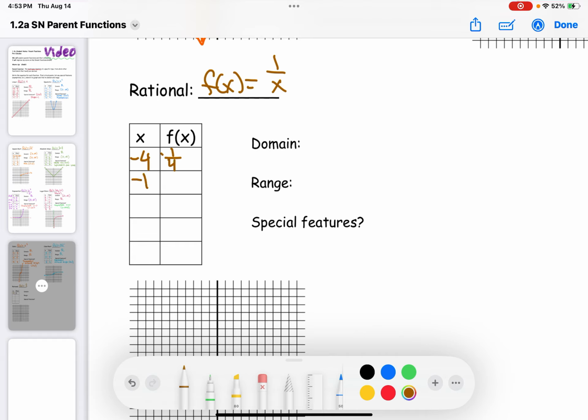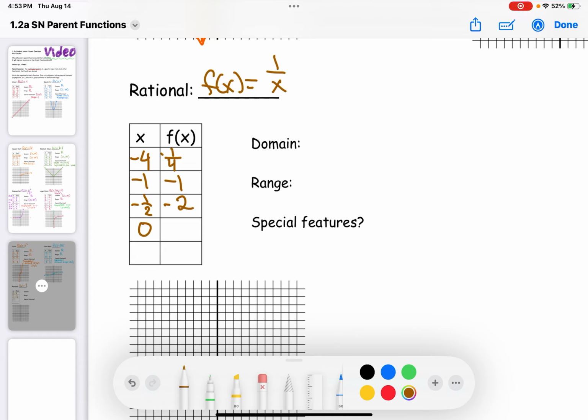If x is -1, 1 over -1 is -1. Now, we do need some fractions on this one, so I'm going to use -1/2. 1 over -1/2, remember, 1 over a fraction flips it, so that's -2.